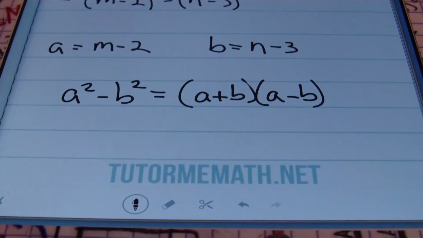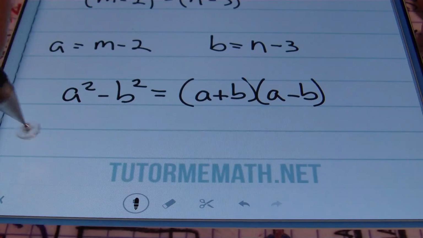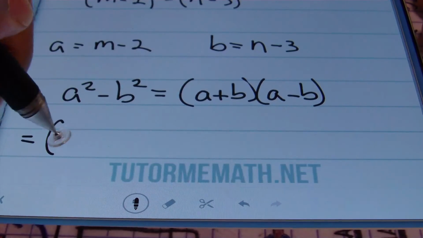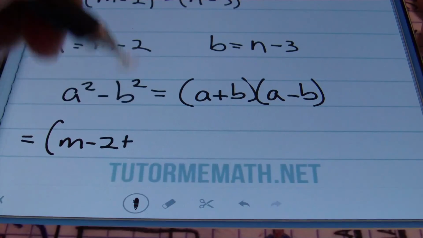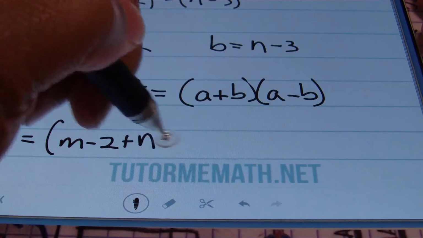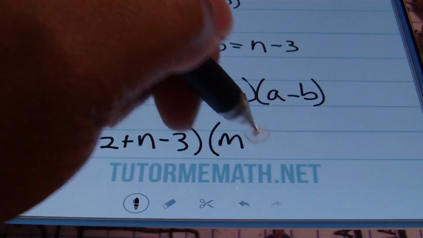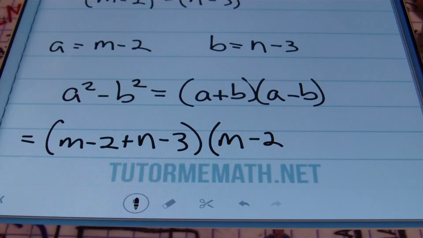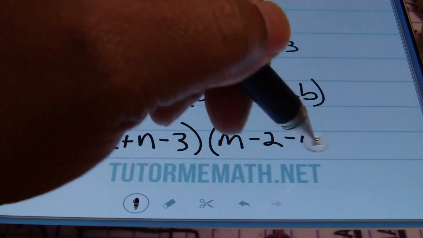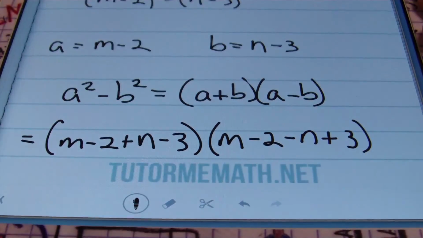All right, let's see what that looks like. We'll have the quantity of m minus 2 plus n minus 3 times your a value, which is m minus 2, plus the opposite of your b value, which is going to be negative n plus 3. All right.